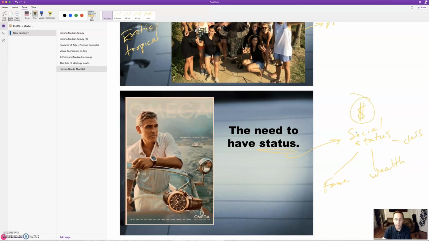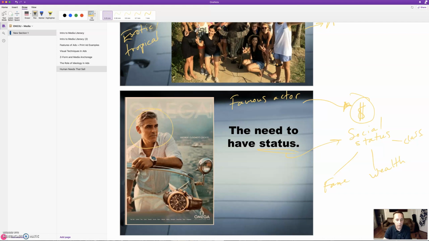Mostly based on money, these things are connected. And so here we have Omega, George Clooney's choice. And so we're supposed to know who this guy is. So leveraging a famous actor. So right away, because he's a famous blockbuster actor, the money sign should be ringing in your head.